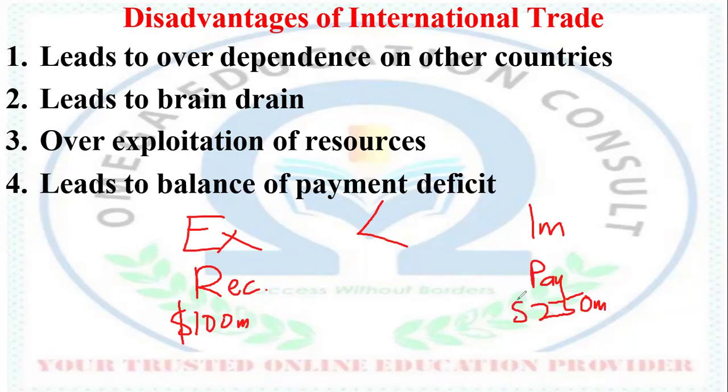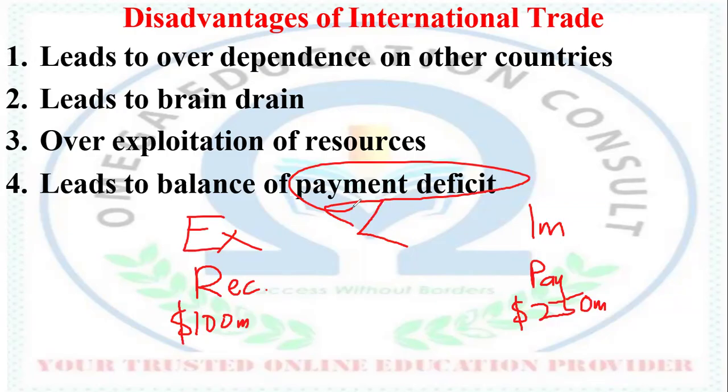Okay, so what it means is that the country is paying more, and because most of the time it doesn't have the money to pay upfront, the country will be buying on credit, and the credit purchasing will cause the country to have what we call deficit, meaning the country is owing other countries due to inability to pay for goods and services imported from other countries.